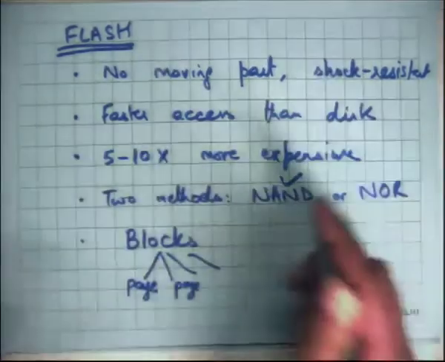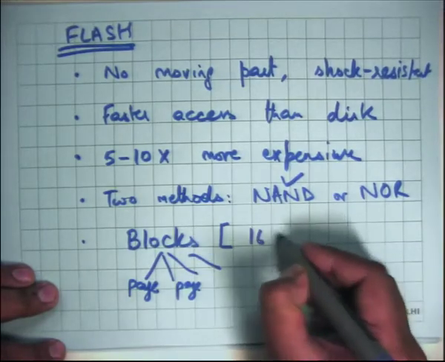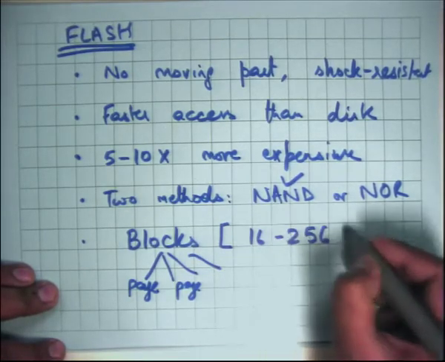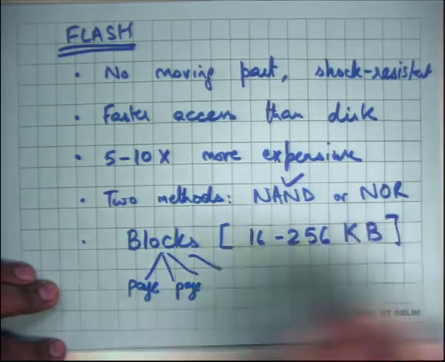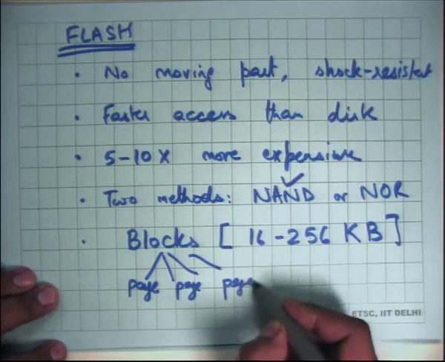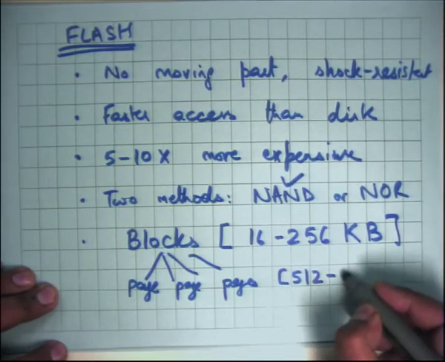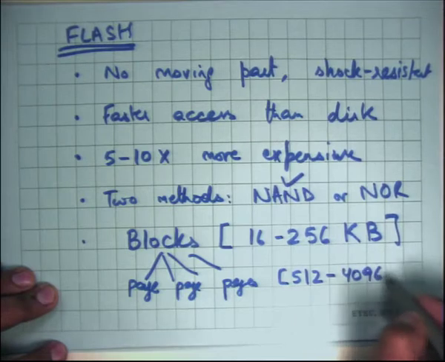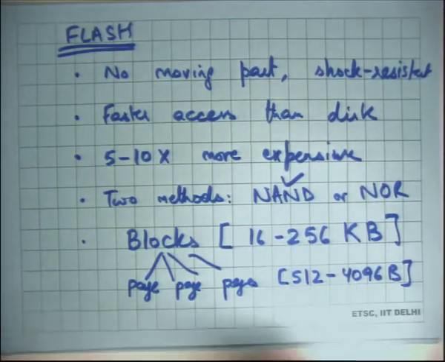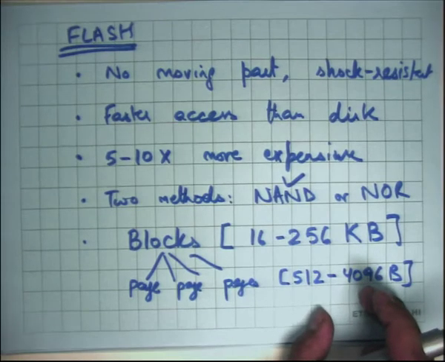Right. So they are large blocks, and the blocks are basically of the size of 16 to 256 kilobytes. And pages are 512 to 4096 bytes. So the page is basically equivalent of a sector on a magnetic disk, roughly speaking.